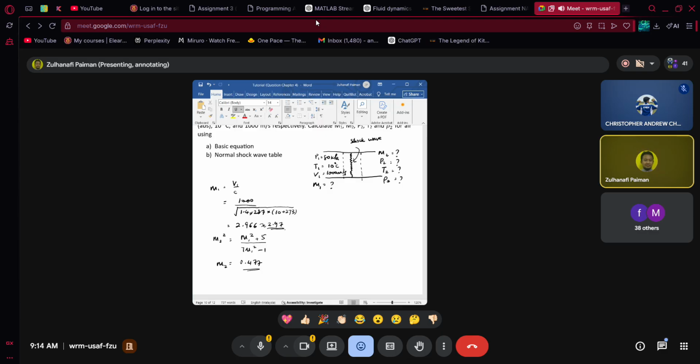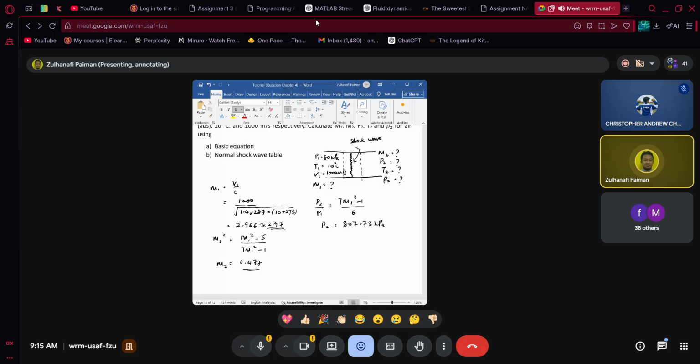Once you get M2, you can directly use the equation to find the pressure. So you can use these relationships. P2 over P1 is simply 7 M1 square minus 1 over 6. So I give you the answer, P2 is equal to 807.73 kPa.